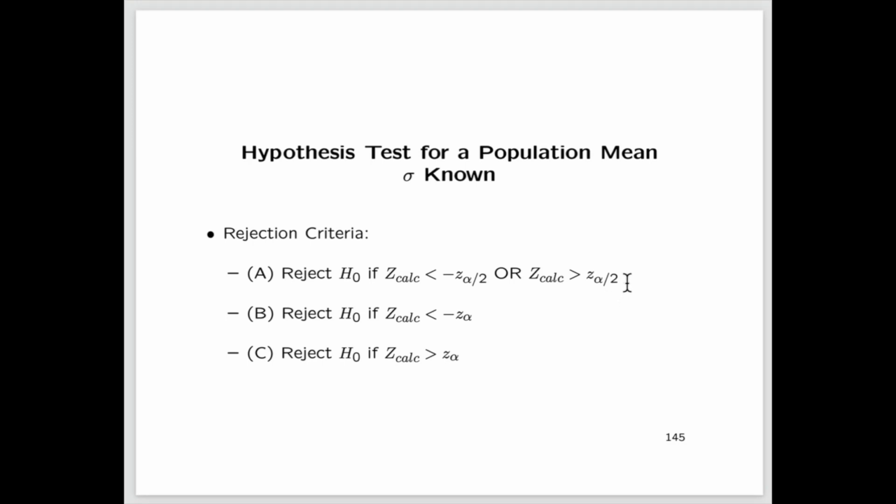If we are performing a left-tailed test, then we reject the null hypothesis if z-calc is less than negative z sub alpha. And if we have a right-tailed test, then we reject the null hypothesis if z-calc is greater than positive z sub alpha.